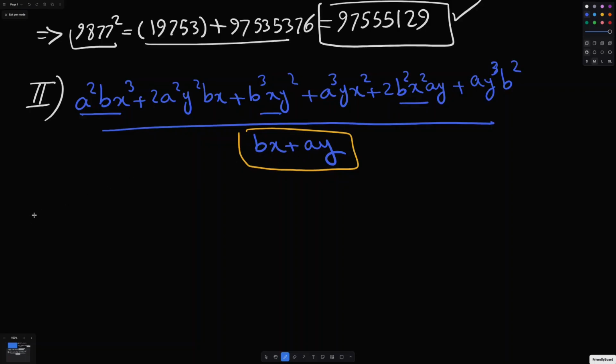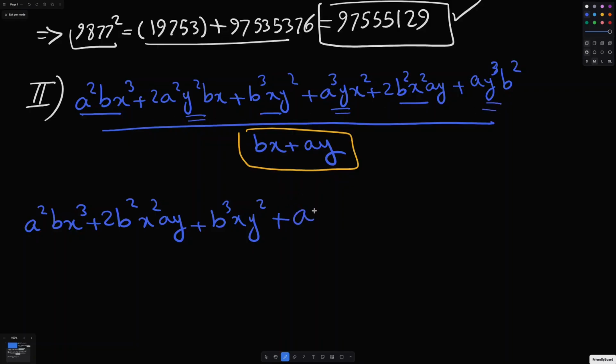Okay, so I'm going to get a2 bx3 plus 2b2 x2 ry plus b3 x y2, okay, this term, plus now I'm going to get this term and this term.